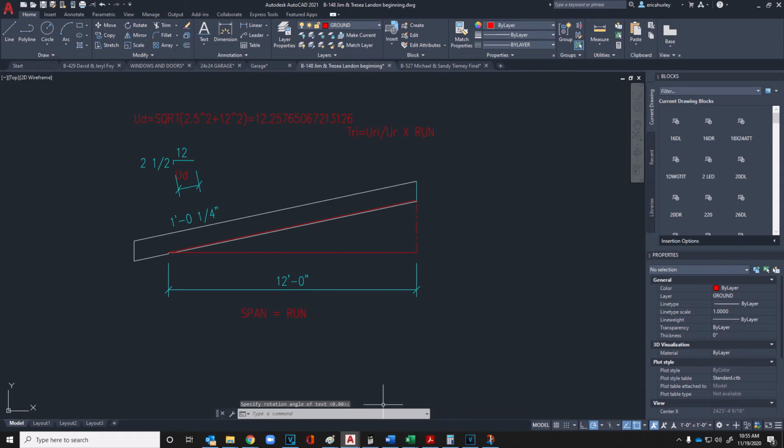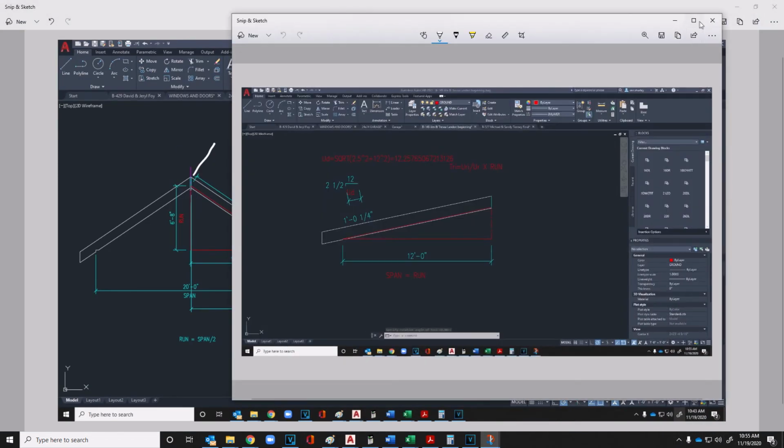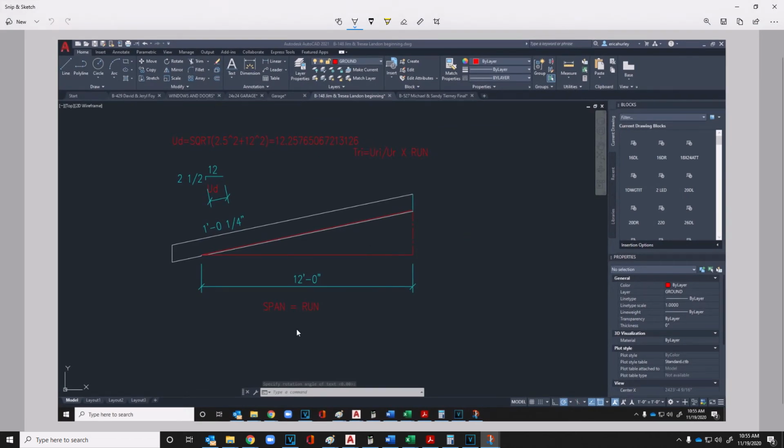All right, so we need to figure out this using our construction calculator or our regular calculator. We're going to say 2.25 divided by 12 is equal to y over 12.